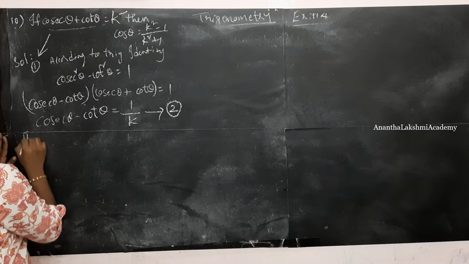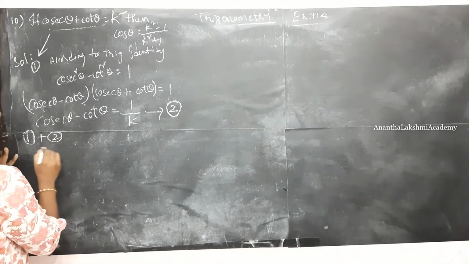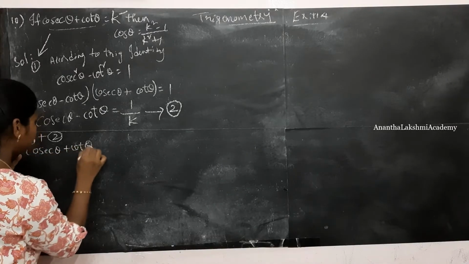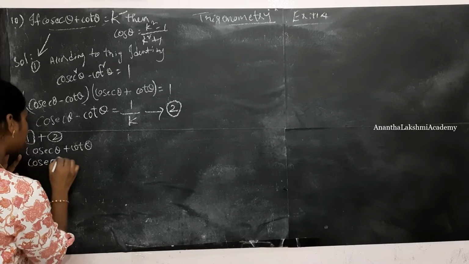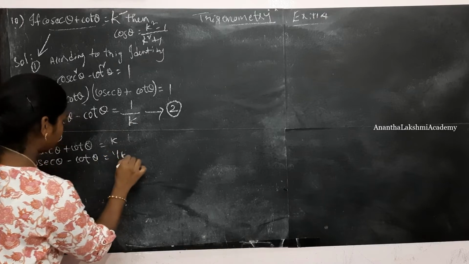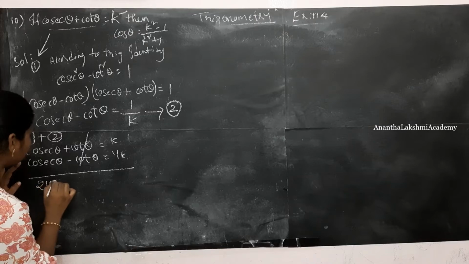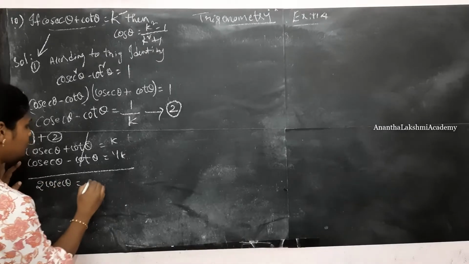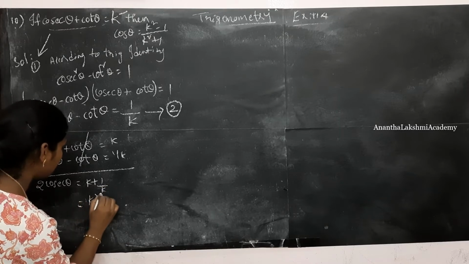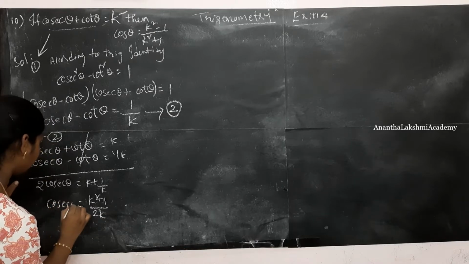Now, if I do equation 1 plus equation 2, which is nothing but cosecant theta plus cot theta, cosecant theta minus cot theta, what am I going to get if I am doing the addition? 2 cosecant theta is equal to k plus 1 by k, which is k square plus 1 by 2k is cosecant theta.